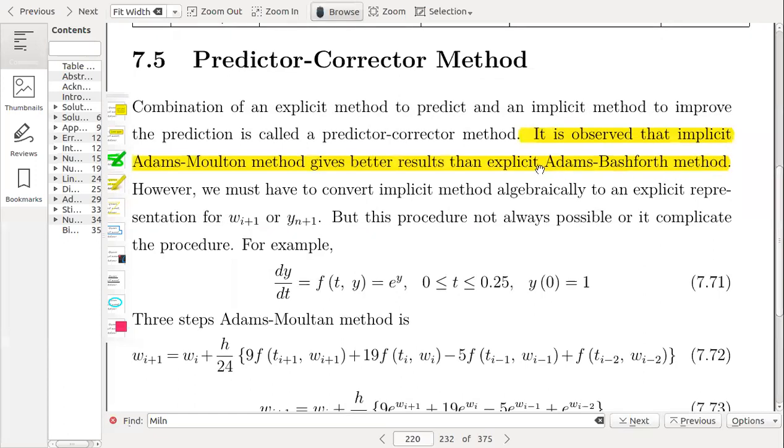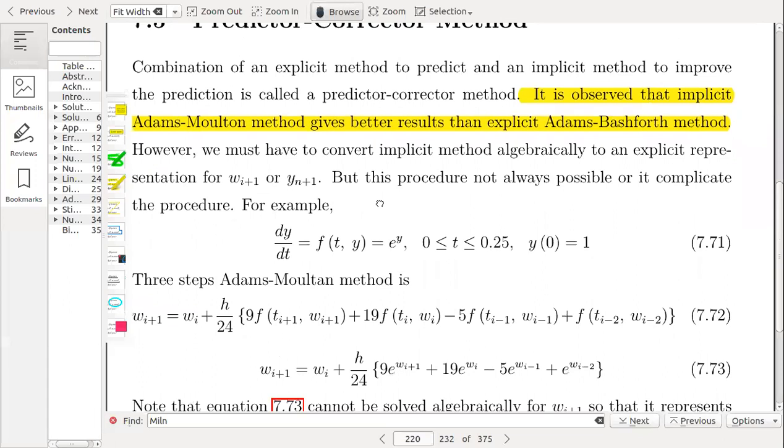So we apply the Adams-Bashforth method as the predictor and the Adams-Moulton method as the corrector part. With the combination of these two methods, we have a predictor-corrector method.